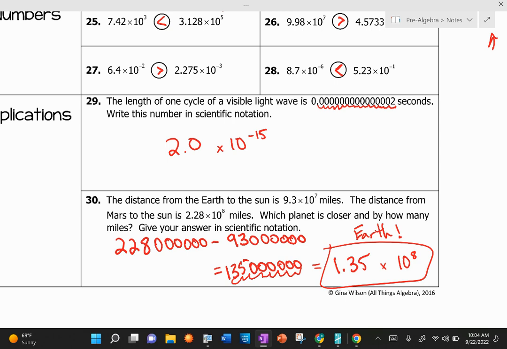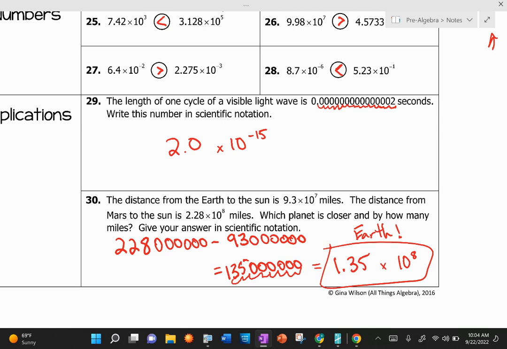After you get this written down, look at the comparing and ordering worksheet that I just passed out to you. You are to do the odd numbers only today. Are we gonna do the rest of it? If I think we need to.